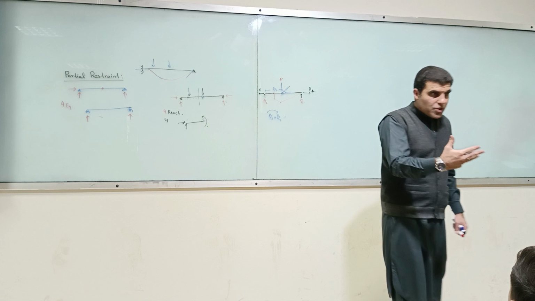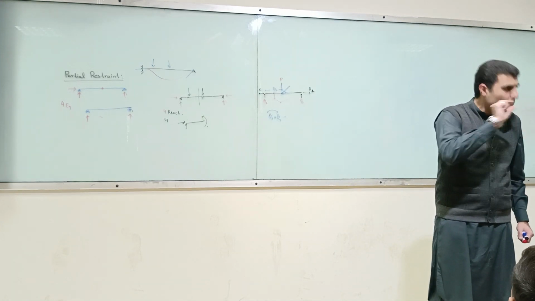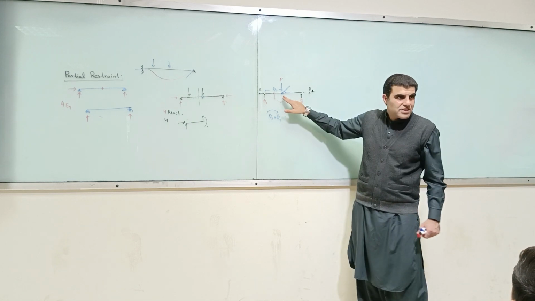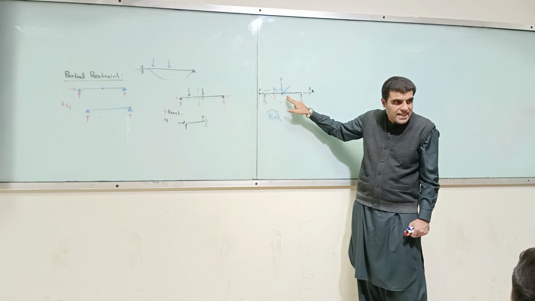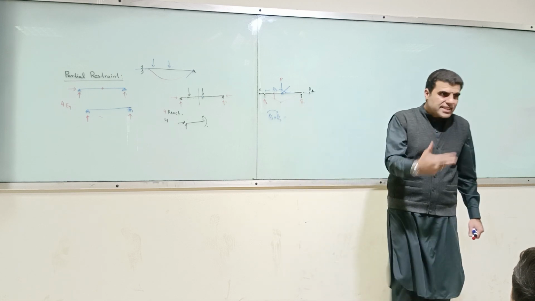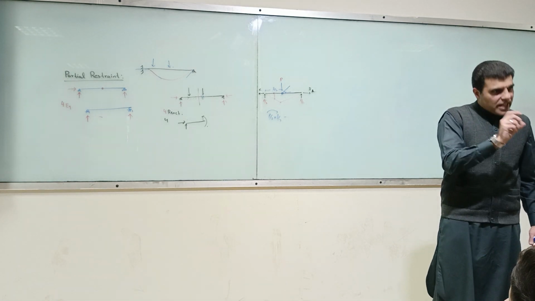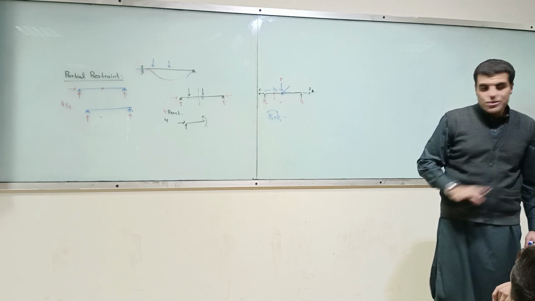In your MOS, you have done beams. You have assumed that the displacement is very small. That's why you consider the axis the same, and you take your moments, everything, corresponding to this axis. But in reality, it's not so. There is some difference, but that is very insignificant. That's why it's a good assumption.